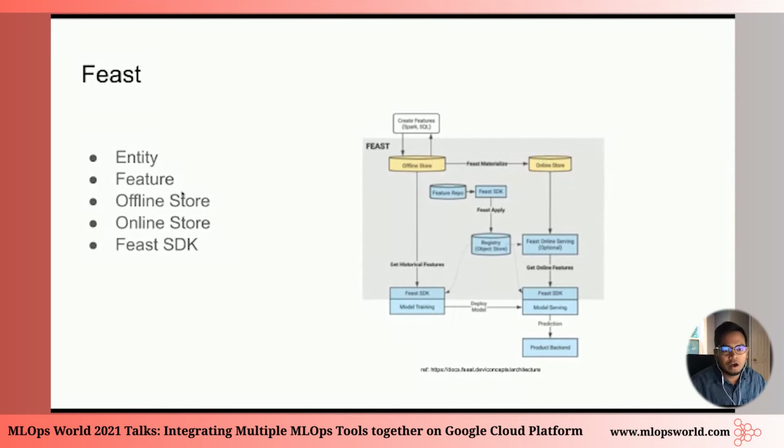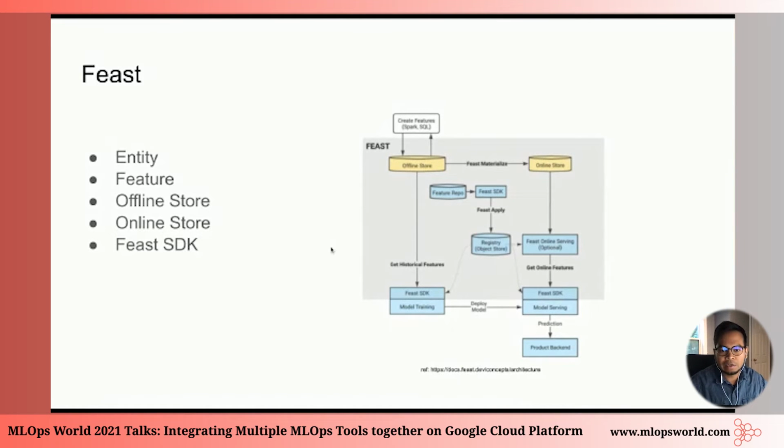And then you have the offline store and online store, which are the actual stores where you store your features. The offline store is more for your analysis and model training, whereas the online store is something you use to get the features in real time when you are predicting something. And finally, Feast comes with an SDK, so you can interact with different components within the Feast ecosystem.